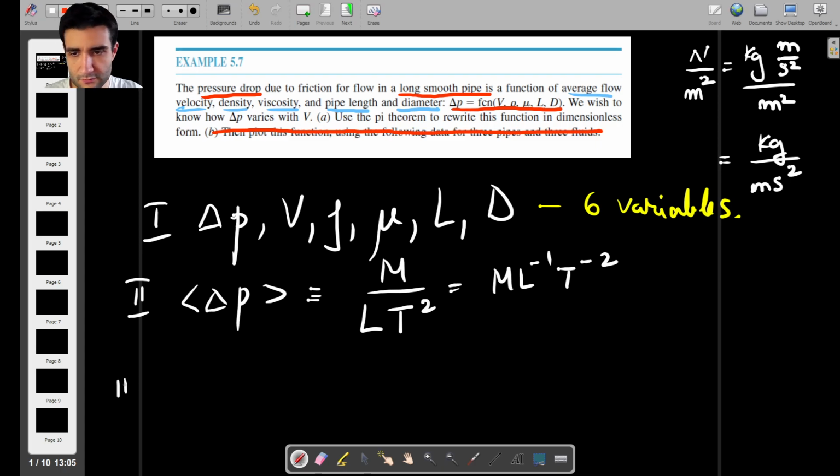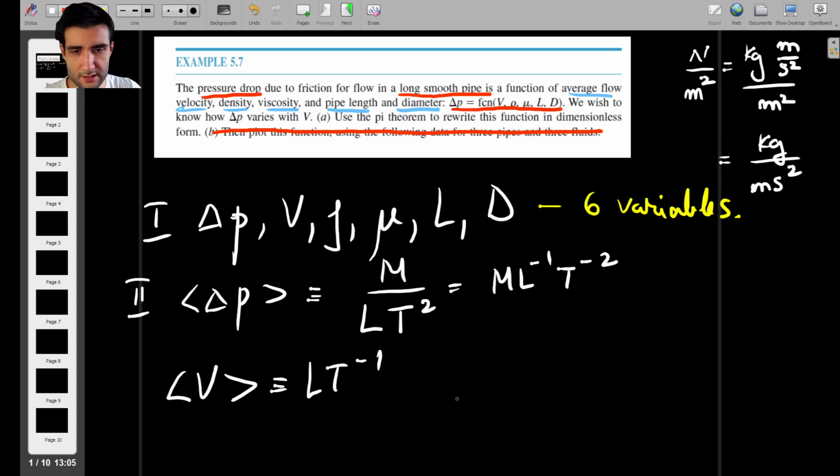Okay, and then, this is still the second step. For the second variable, let's do velocity. So velocity is length over time, or L T to the minus 1. Then we have density, and density is mass L to the minus 3, right?